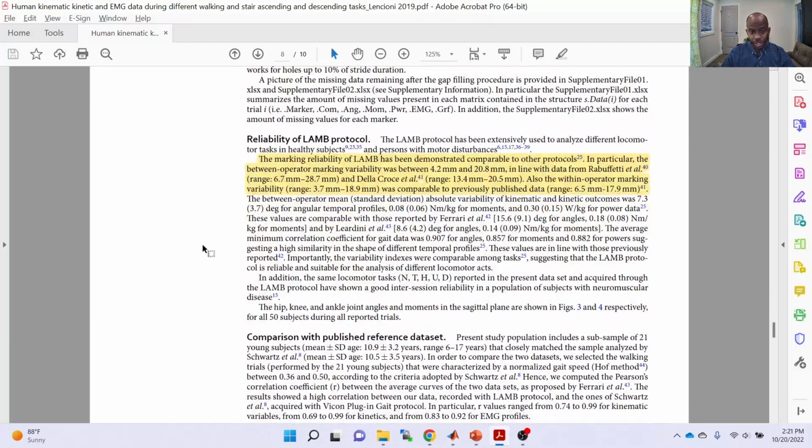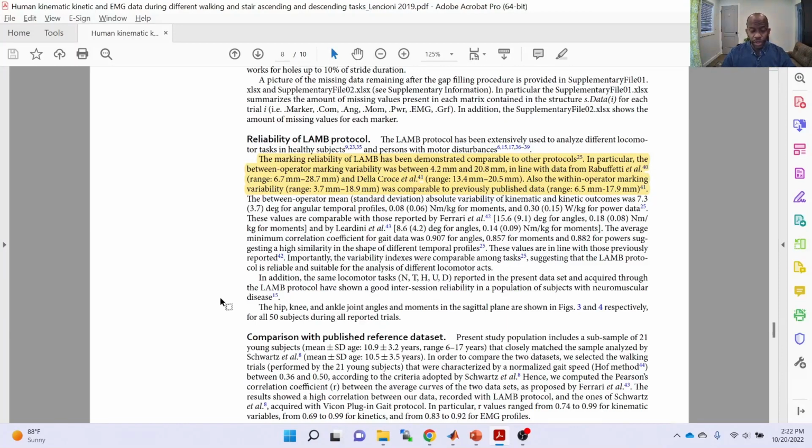And then they even have a section about the reliability of the protocol that they used in this study. They can reference previous studies that have demonstrated reliability of this protocol, and they are providing us with assessments of reliability that are quantitative with respect to errors in different measures. So this is a really useful set of information to know about whatever study you're doing.